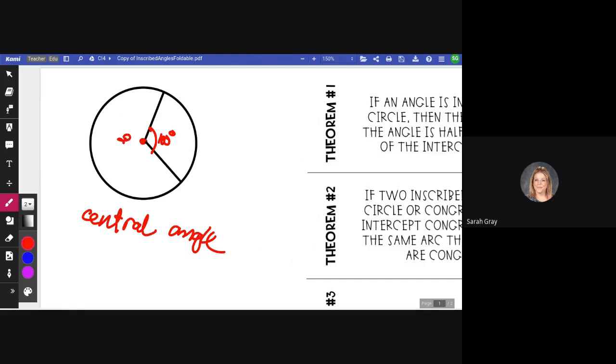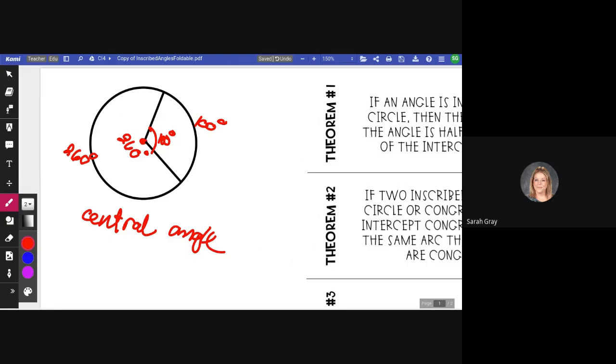Okay, the measure of this angle would be 260. How about the measure of the arcs? The measure of this arc would be 100 degrees, and the measure of this arc would be 260 degrees. The central angle has the same measure as the arc. Okay, so that's central angle.